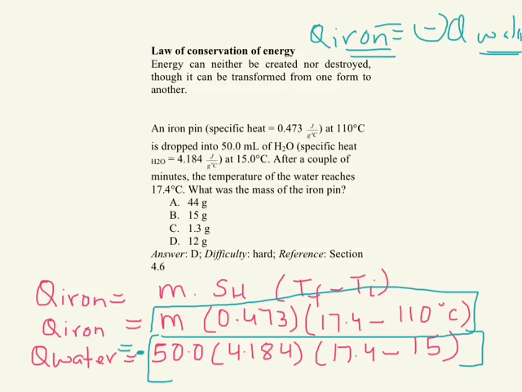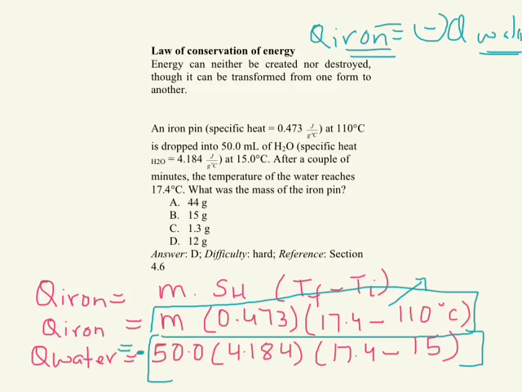And if you look at this relationship, the only variable you have is m. So m here. Now 17.4 minus 110 degrees Celsius, you're going to do that first.